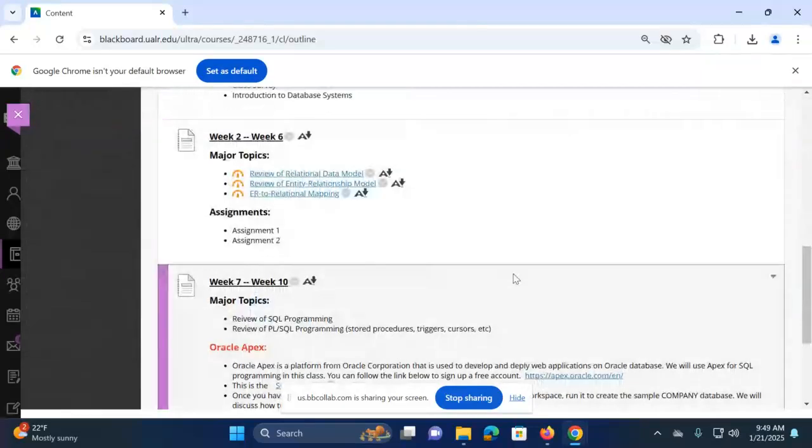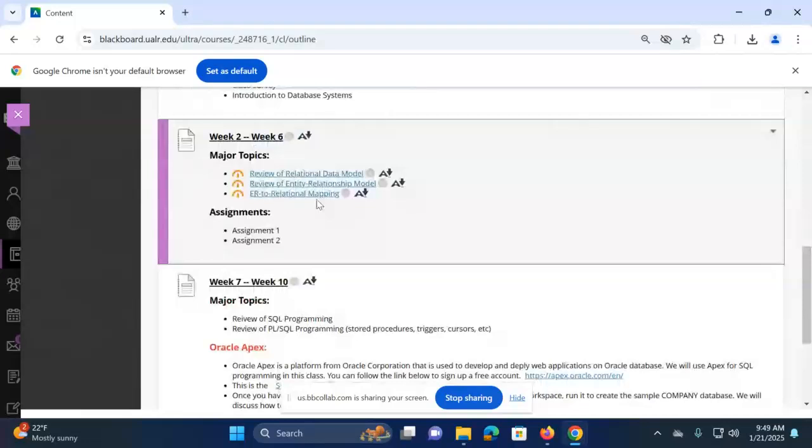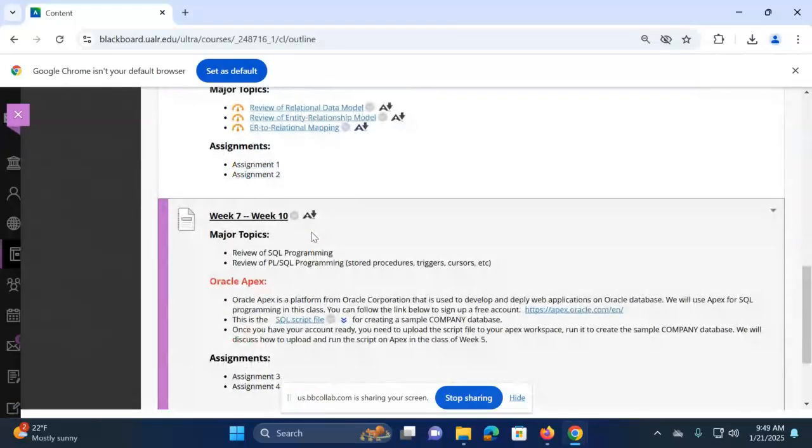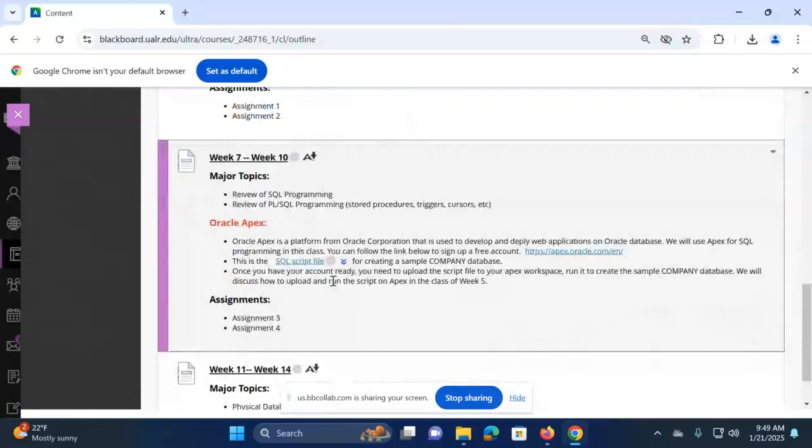Then I think that's the first part, the database design. You may have at least 2 assignments, maybe more, depending on the class progress. Then from week 9 to 10, we're going to review SQL programming, and also touch some basic concepts of PL/SQL programming.